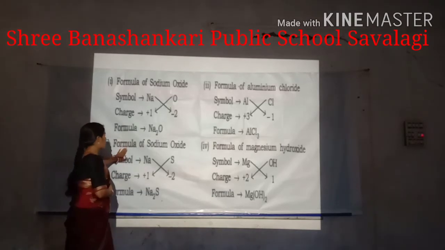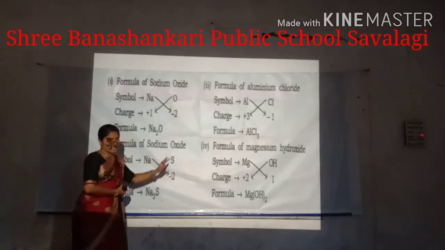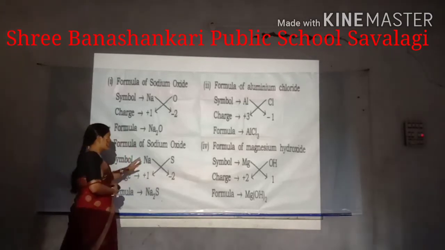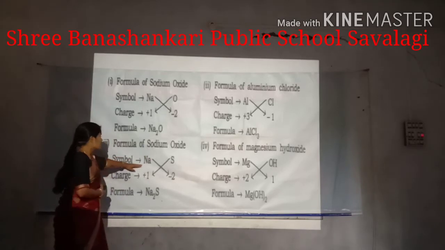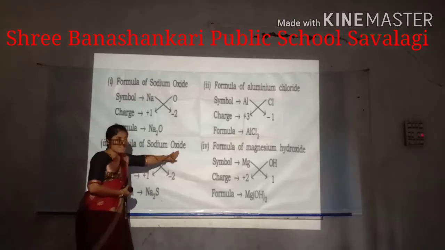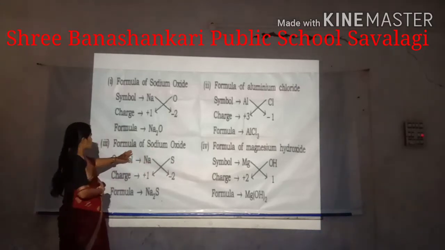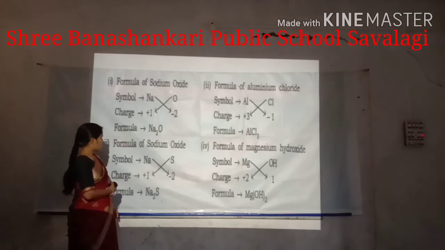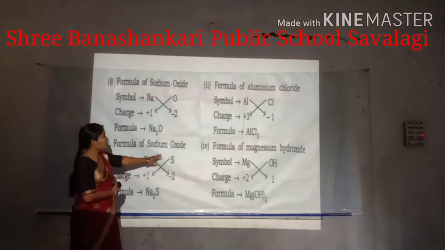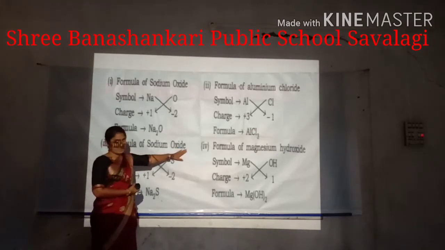And here we have another example, the formula of sodium oxide. The symbol of sodium is Na, and oxide means oxygen. Sodium oxide. This is sodium sulfide.